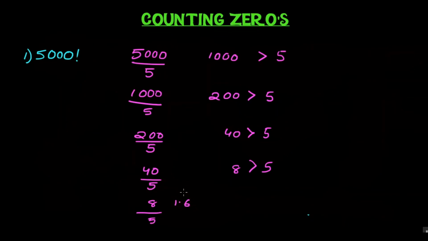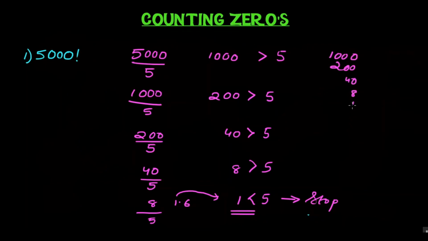Now, the way I had said, we will only take the integral part, that is 1. Now 1 is less than 5. We were waiting for this step. So as 1 is less than 5, we stop. And now we'll add all the integral parts that we found out previously. So we'll add 1000, 200, 40, 8, and 1.